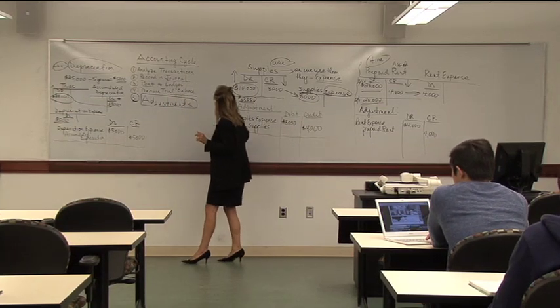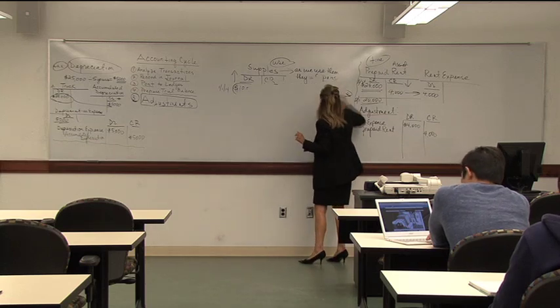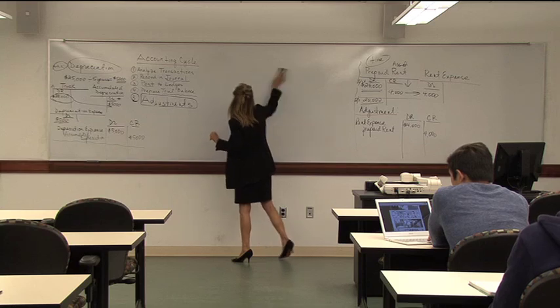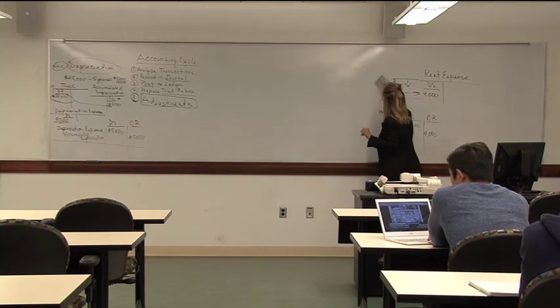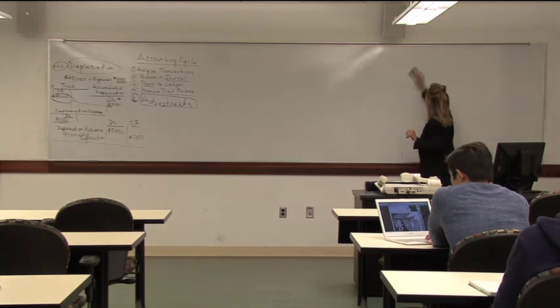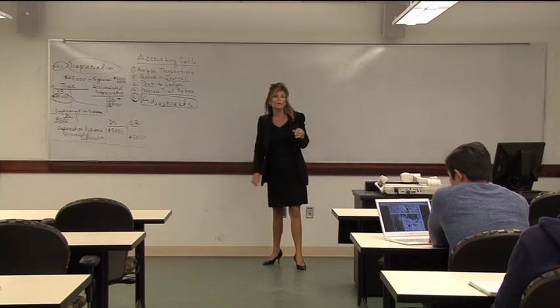All right. After we're done adjusting our prepaids, we're next going to move to what is called unearned revenue adjustments. Now, not every company has unearned revenue. What do we mean by unearned revenue?